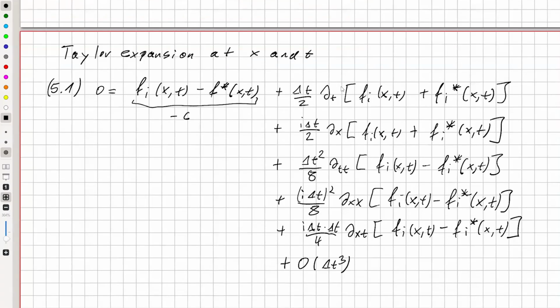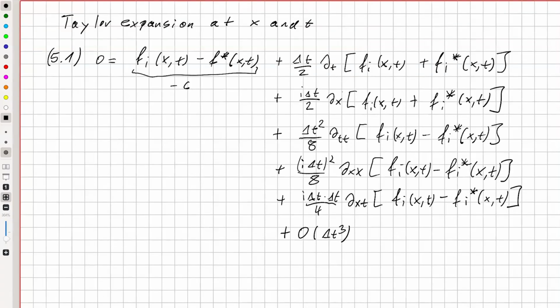Okay, so this is how the Taylor expansion looks. And now what we do is we define an f over bar as the average between the pre-collision and the post-collision state.